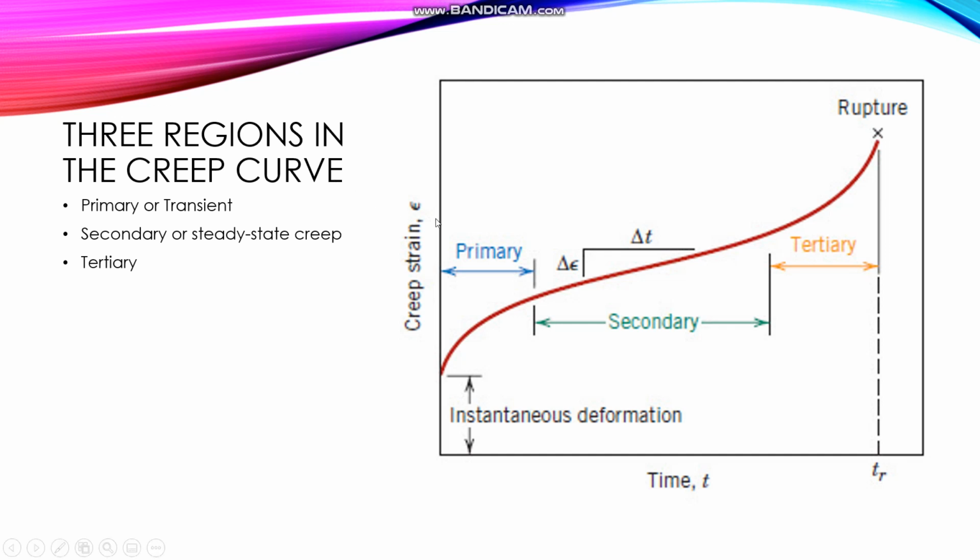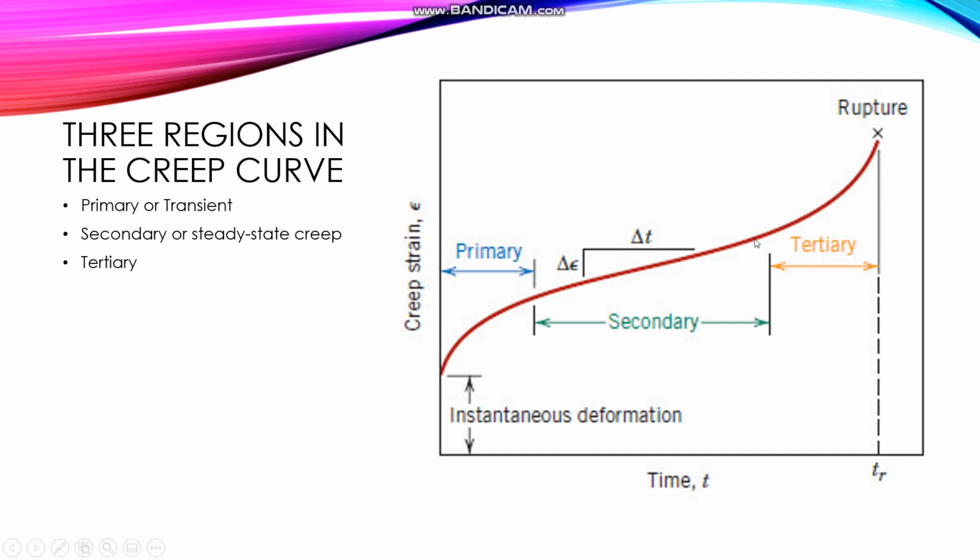This suggests that the material is experiencing strain hardening in this region. The next one is the secondary creep, or sometimes termed steady state creep. The rate is constant, that's why the plot becomes linear. Possibly the most important parameter from a creep test is the slope of the secondary region.